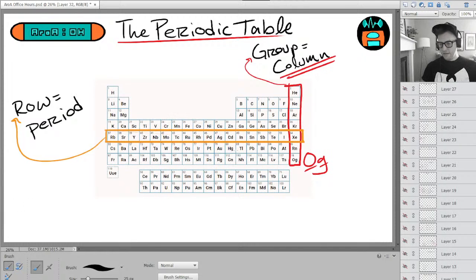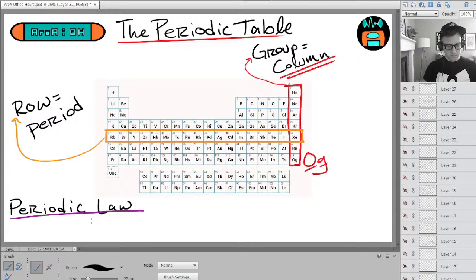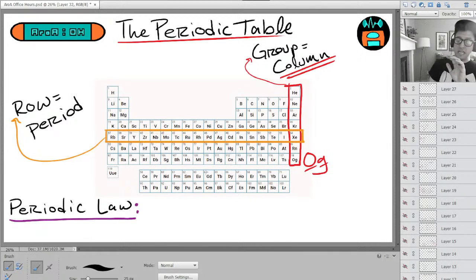There is a thing called periodic law. And when we talk about periodic law, there's a bunch of different ways to describe it. I prefer a boiled down, simplified one.